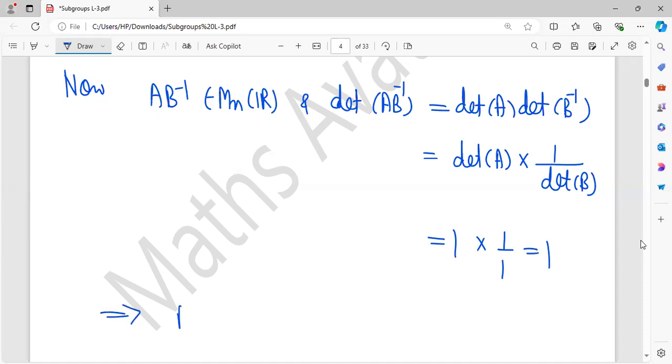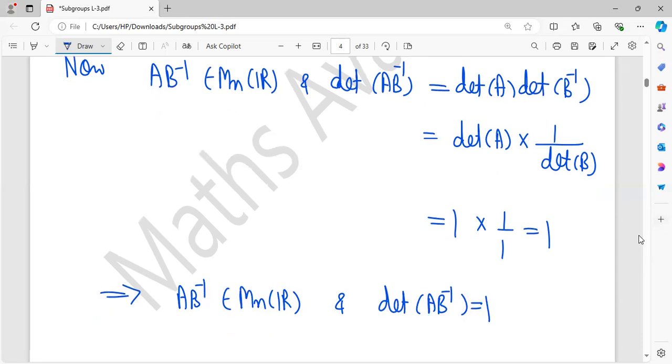So AB inverse belongs to M_n(R) and determinant of AB inverse is 1.